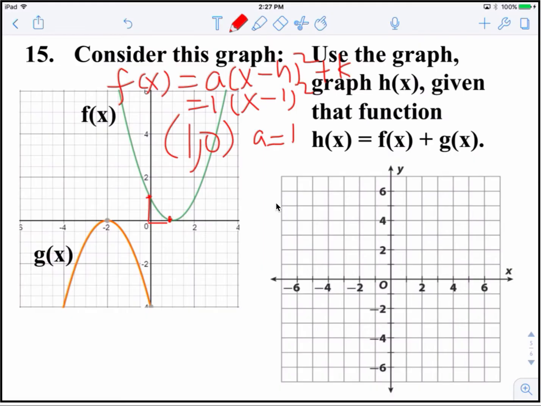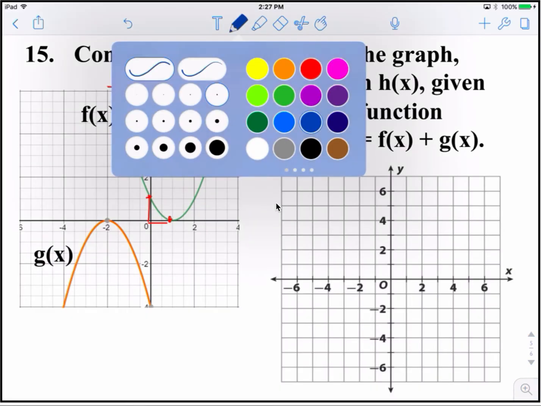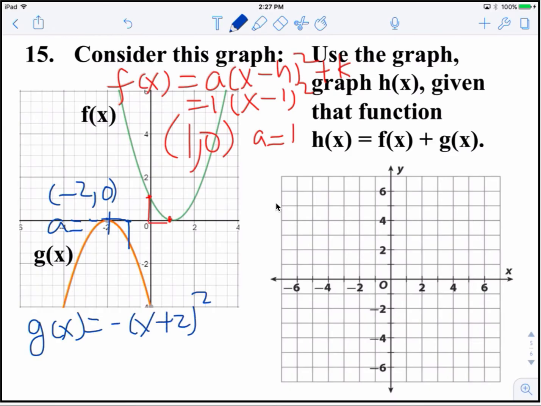And for our function g of x, this is the vertex for g, and it is at -2, 0. To find out what a is, we can go 1 to the right and 1 down. So that means that a is -1. So the function for g is equal to negative x plus 2 squared.